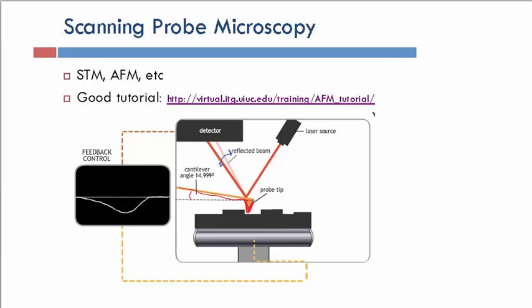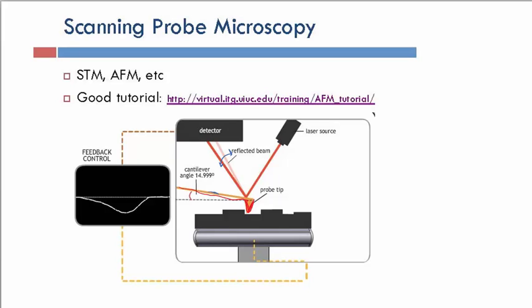So if it's deflected up or down, we're going to be able to tell that with the laser. Also, we can use some piezoelectrics to detect the motion of the cantilever based on its bending force. And we usually have a feedback loop that goes back from the detector and helps us maintain a constant force or a constant amplitude of oscillation.